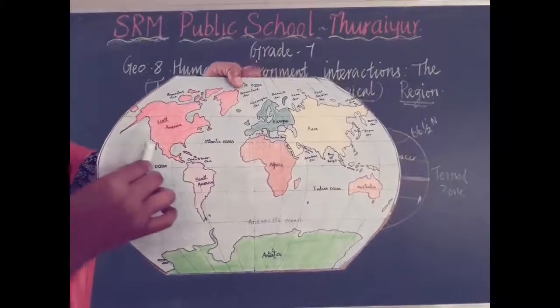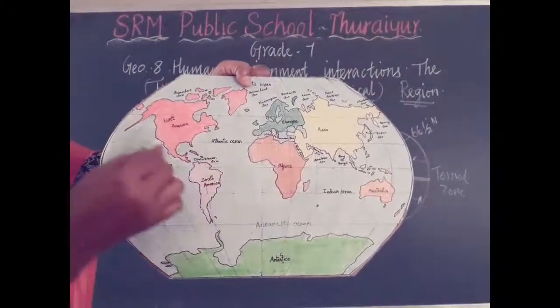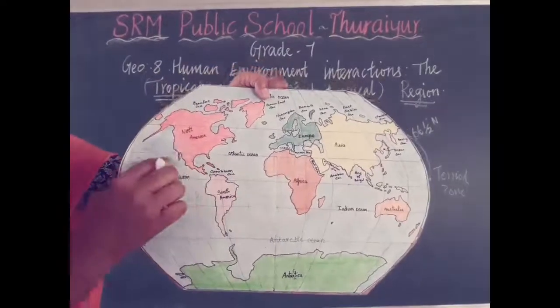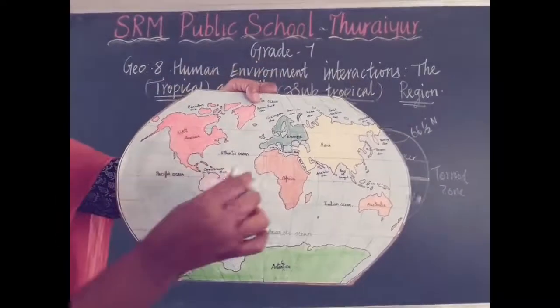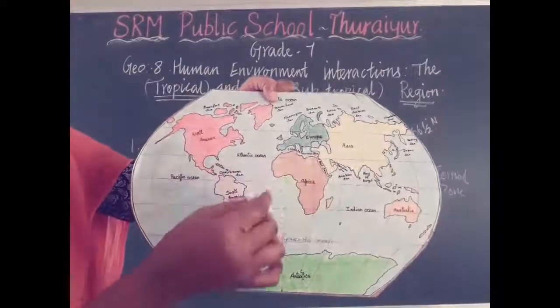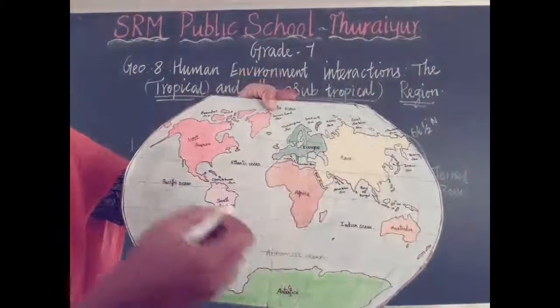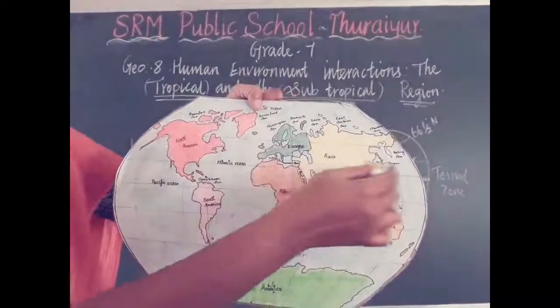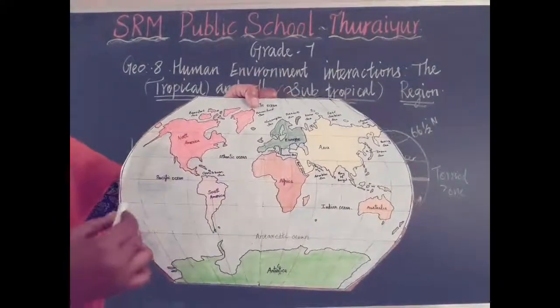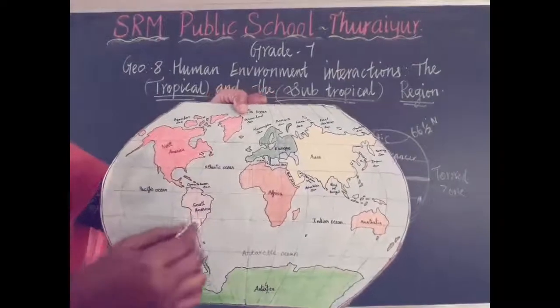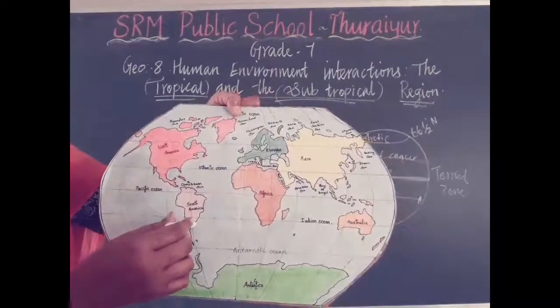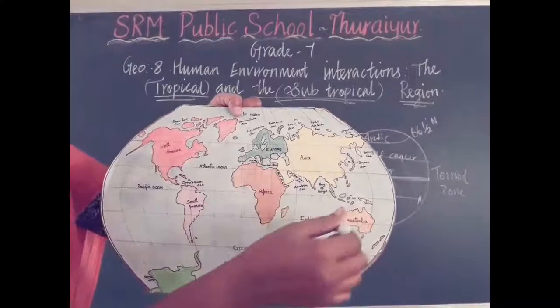The Tropic of Cancer, 23 and a half degrees north, crosses some part of North America, some area of North Africa, and some part of Pakistan and India, Asian countries. The Tropic of Capricorn crosses South America, Africa, and Australia.